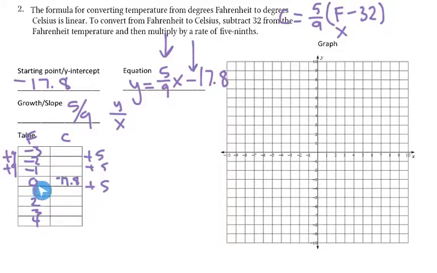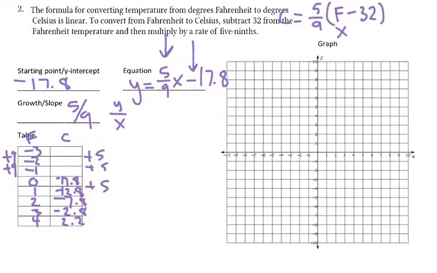My starting point is always where the input is 0 and the output is the number. So then we'd go negative 17.8 plus 5 to get negative 12.8, plus 5 more to get negative 7.8, to get negative 2.8, and to get a positive 2.2.